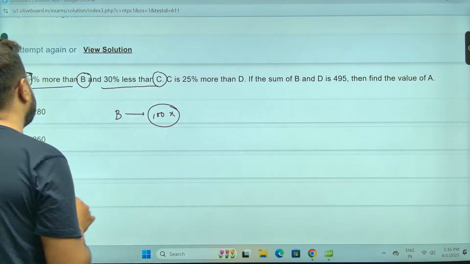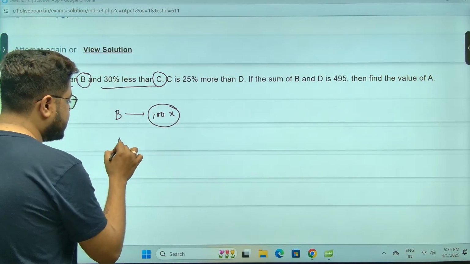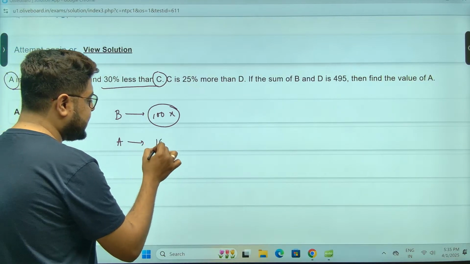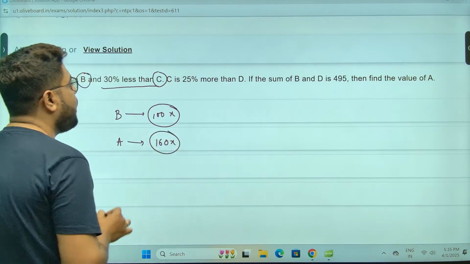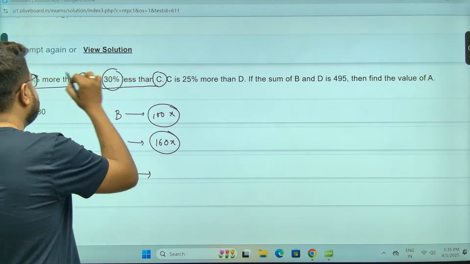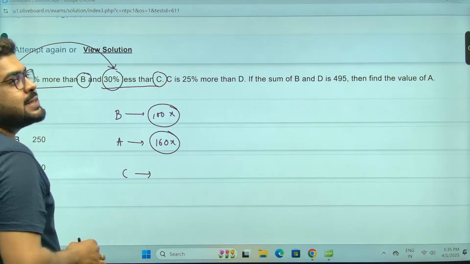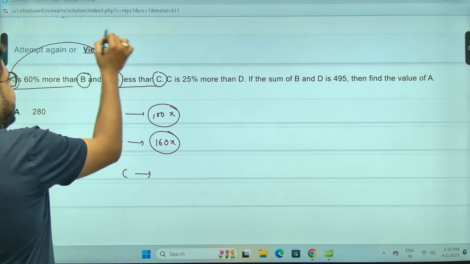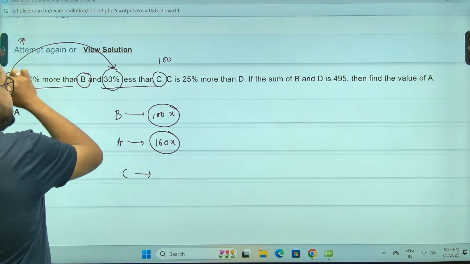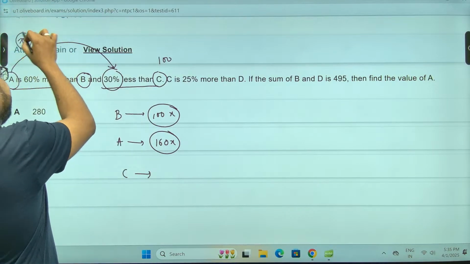So A is how much? 60% more means 160x. Now, C is how much? A is 30% less than C. Meaning, if C is 100, A is 30% less, meaning A is 70.